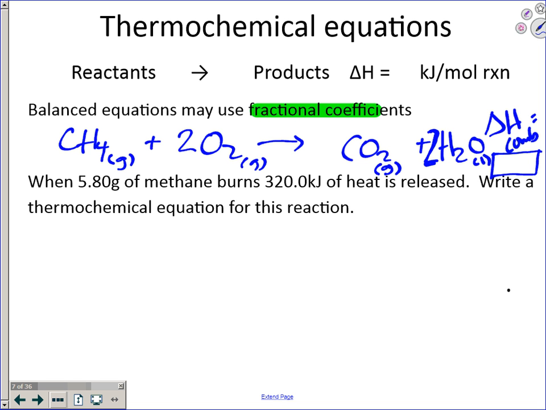Okay, so we have 5.8 grams of methane, and we know how much energy is released. So we already know one thing about this reaction. It's saying exothermic, so heat energy is released. So I'm going to put a negative here just so I don't forget to put a negative on my reaction. And I know how much energy is released from just 5.8 grams, right? For delta H, I need kilojoules or joules per mole. So what do you guys think I'm going to have to do with this? Okay, so 5.8 grams of methane.